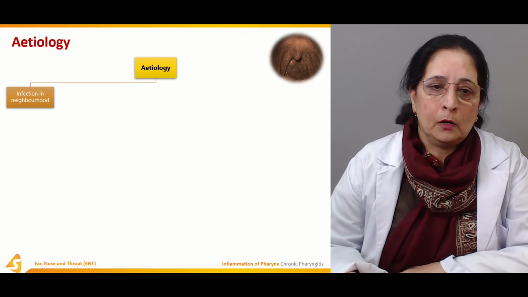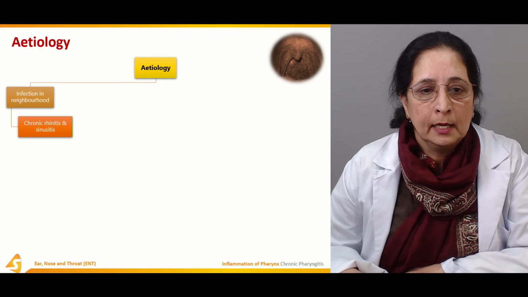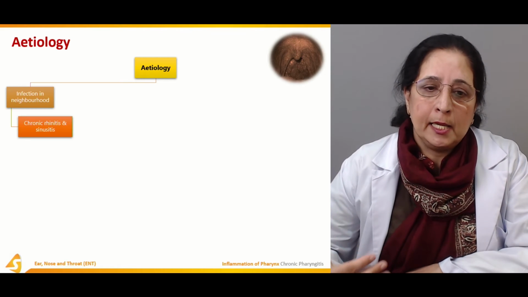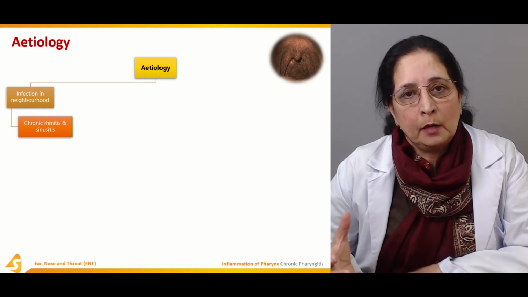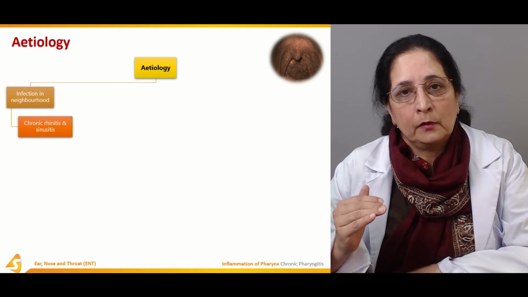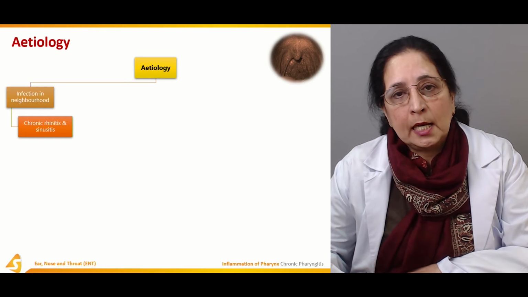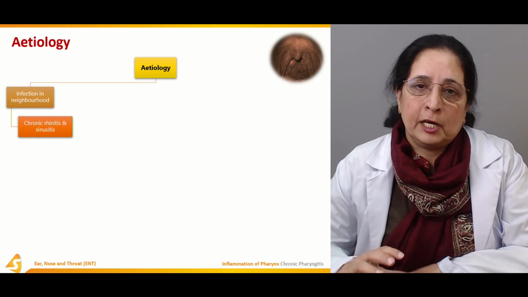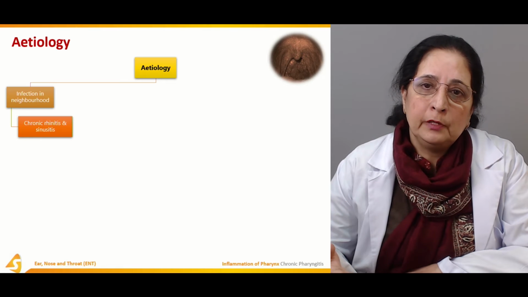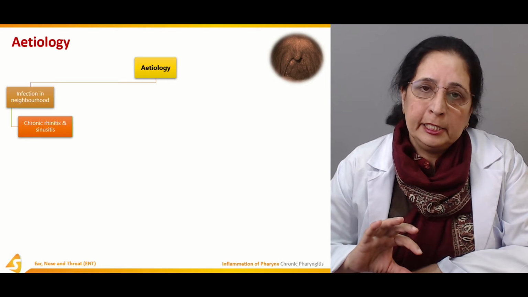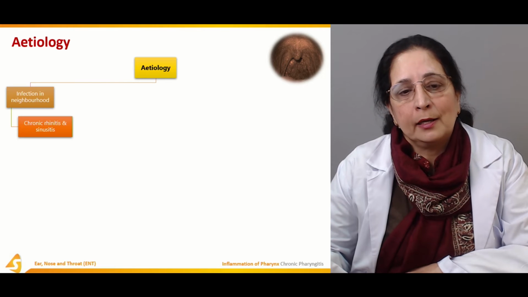Etiology is infection in the neighborhood of the pharynx, like rhinitis and sinusitis. You will notice the etiologies are more or less the same as for acute pharyngitis or nasopharyngitis. Any infection in the neighborhood area can spread to the pharynx, but the condition lasts for a longer period of time and is more recurrent.